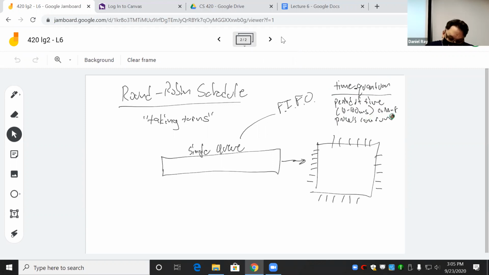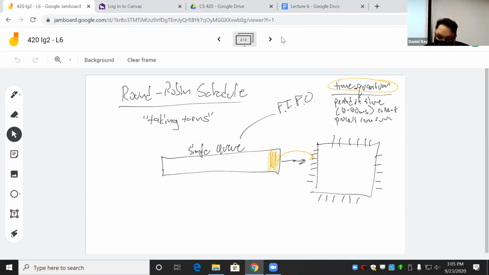Okay? So a process arrives. If the queue is empty, it immediately goes onto the processor and runs for your time quanta period of time.